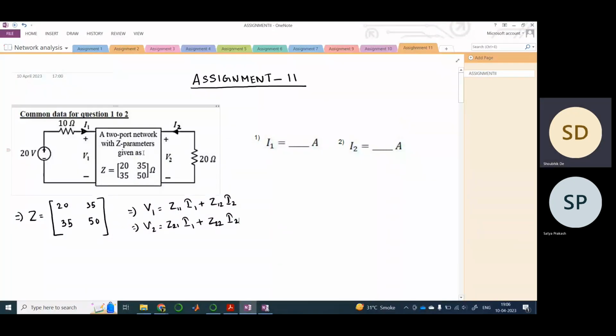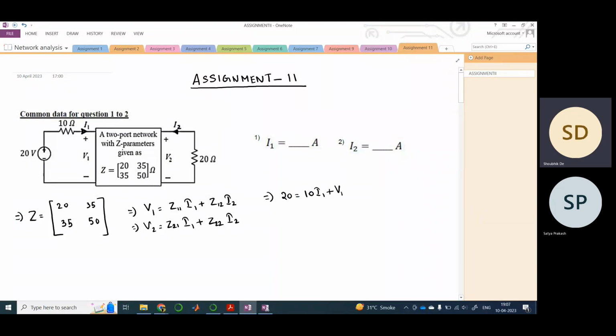Now we have to use this part here. We need to write a KVL equation for this mesh and also for this mesh here. What is the KVL equation for the first mesh? It's nothing but 20 equals 10 I1 plus V1.